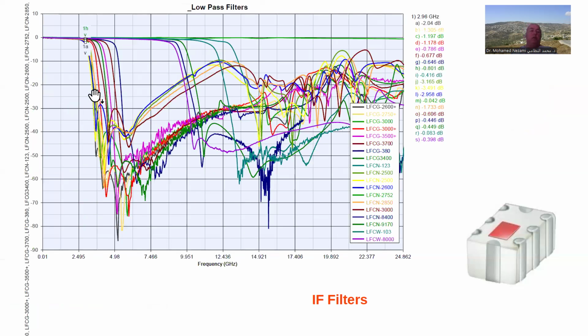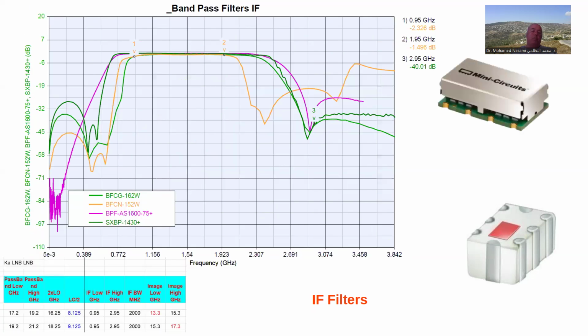So I did more searching, and what I realized is that we've got some low pass filters that can extend to 9 gigahertz, and we're going to use these for the yellow section that will come later. But I looked at the low pass filters in here. There are plenty of low pass filters that we can utilize to fulfill this 950 to 2950 megahertz.